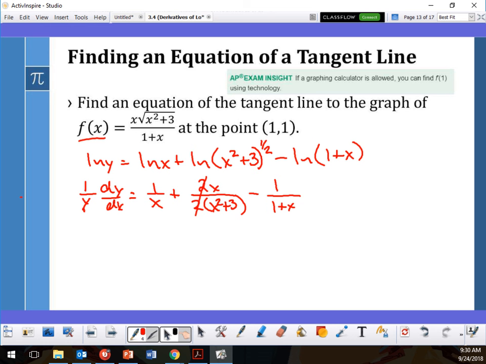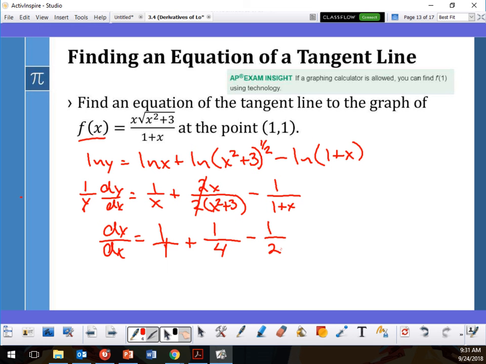So I have a y value, so I'm going to get dy/dx is equal to 1 over x, which is 1 over 1, plus x, which is going to give me 1, over 1 plus 3 is 4, so minus 1 over 2.